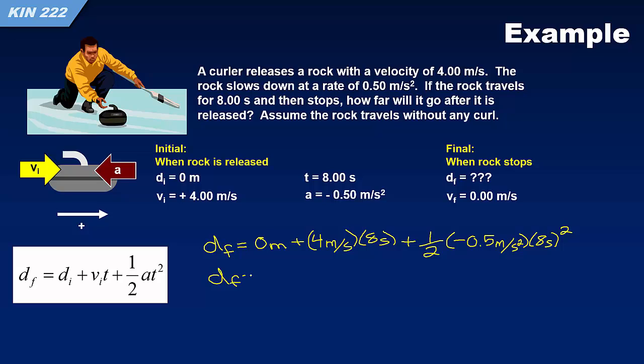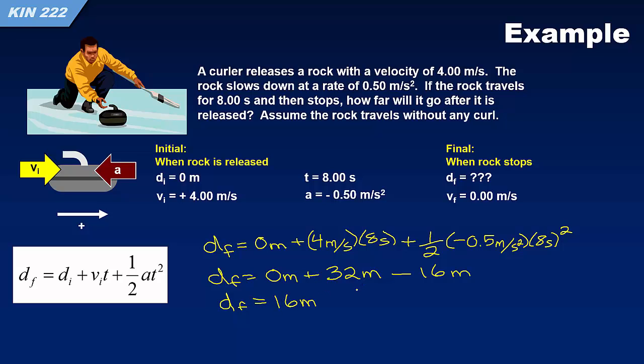So our d final is 0 meters plus 32 meters. If you do the math, 4 times 8 is 32, minus 16 meters. The 1/2 times 0.5 meters per second squared times 8 seconds squared gives you the minus 16 meters, which means our final displacement is 16 meters.